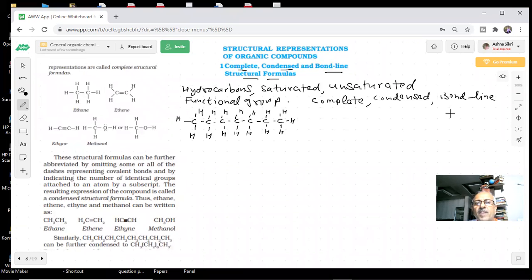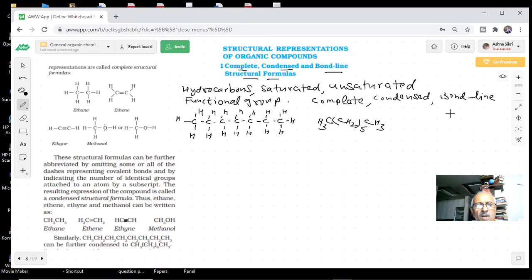You see CH2, CH2, CH2, CH2 are repeating, so I will put it in the condensed form. I can write CH3, then CH2, how many times? 1 2 3 4 5 times, and CH3.